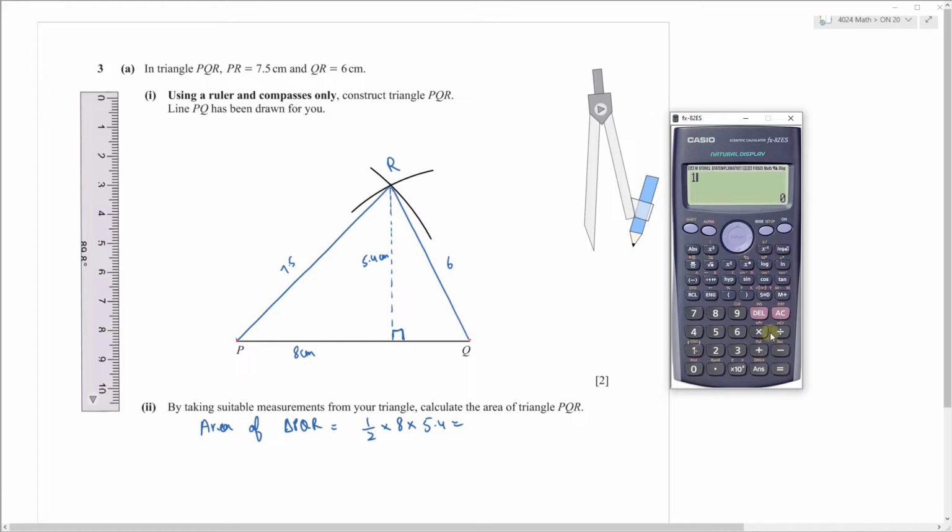So this will be 1 divided by 2 multiplied by 8 multiplied by 5.4. So this is 21.6 centimeters square, the area of your triangle PQR.